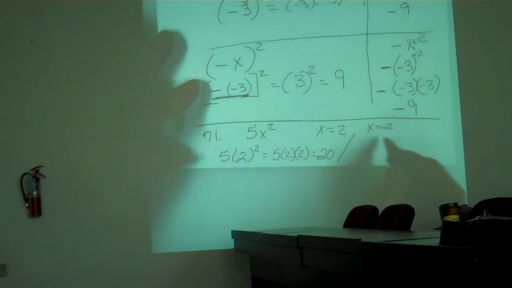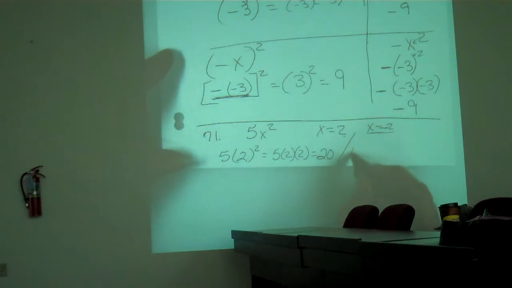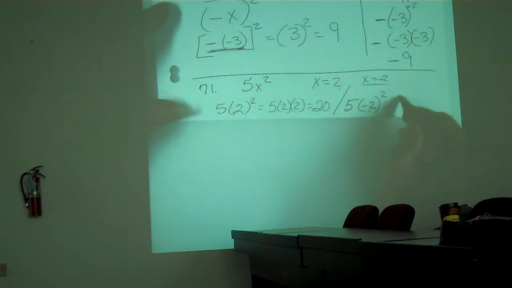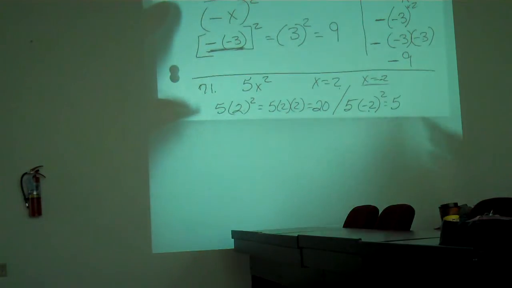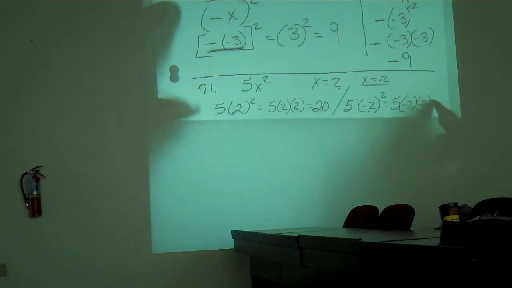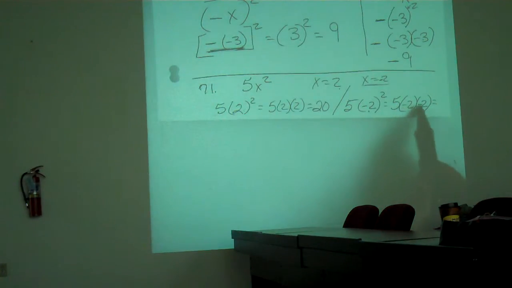Okay, now let's do it for the -2. 5x squared. The x is going to be -2 this time. Still leave the 5 out there by itself, and you're squaring the -2. This will be negative and negative. 2 negatives will be a positive, right?